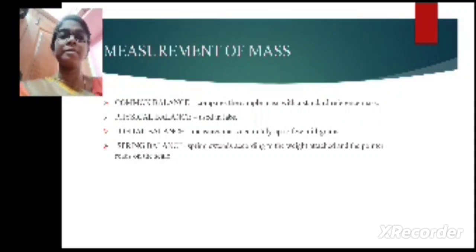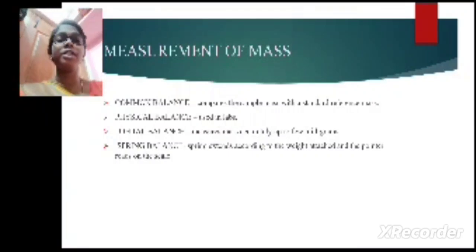Then the physical balance is used in labs. The digital balance measures mass accurately up to a few milligrams. In jewelry shops we use it to measure in grams and milligrams, so they use the digital balance. Then the spring balance.